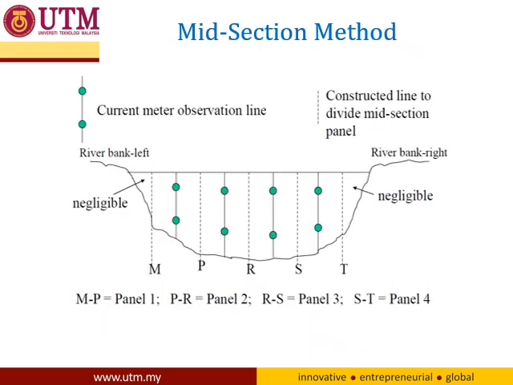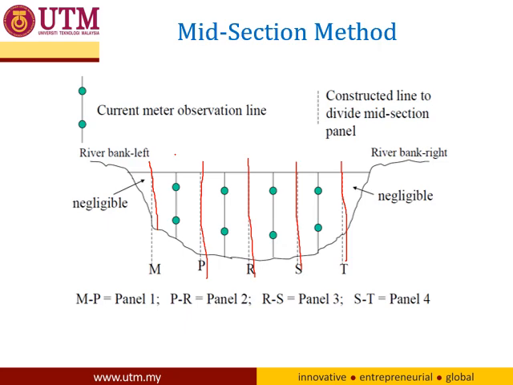This is an example of the subsections, like this line. These are the subsections M, P, R, S, T. These are the lines which divide the river into subsections.